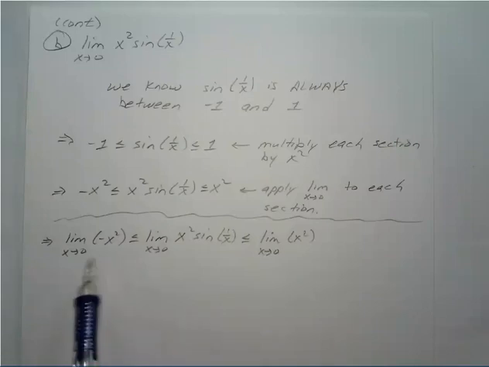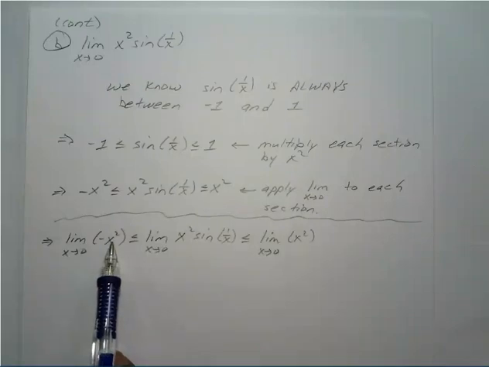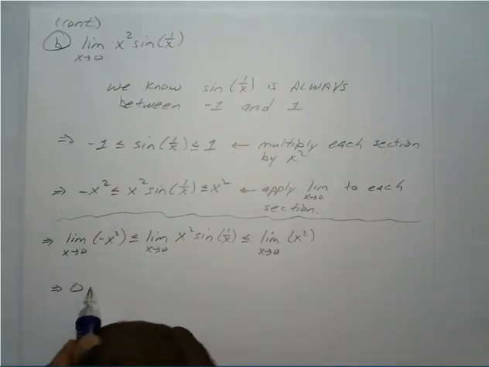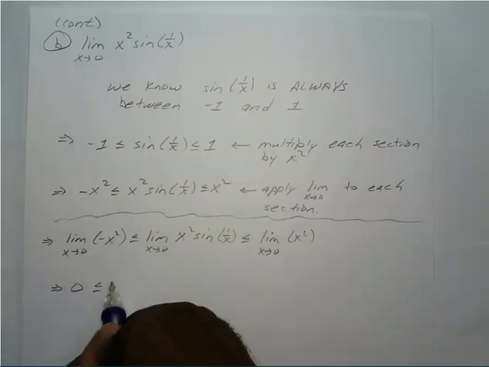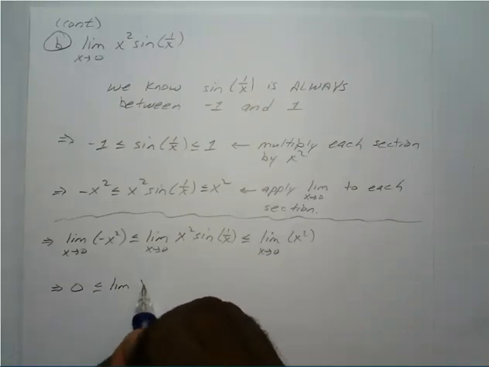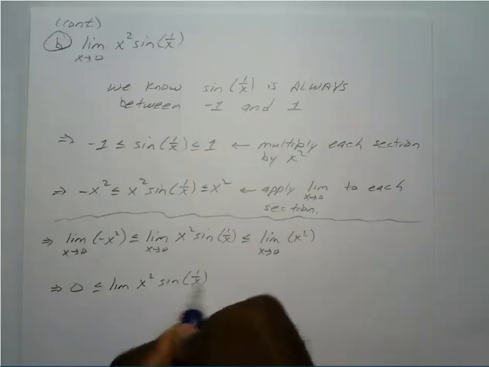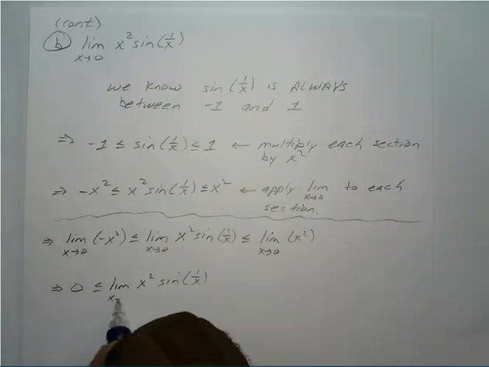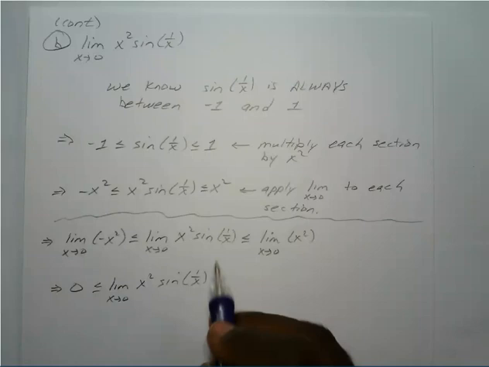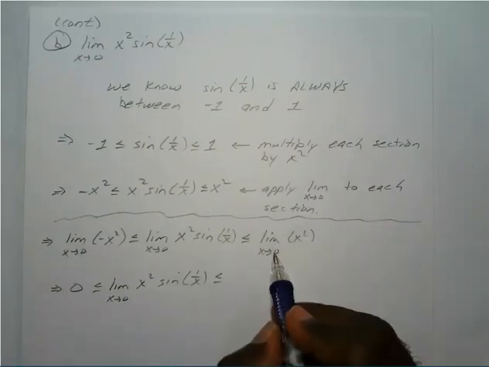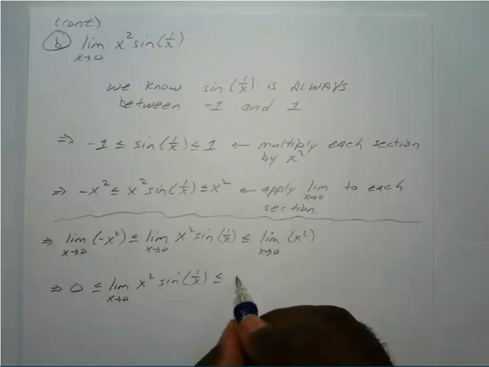Once again, using direct substitution, the limit of negative x squared as x approaches 0 is 0, less than or equal to the limit of x squared sine 1 over x as x approaches 0, less than or equal to the limit of x squared as x approaches 0, which is just 0.